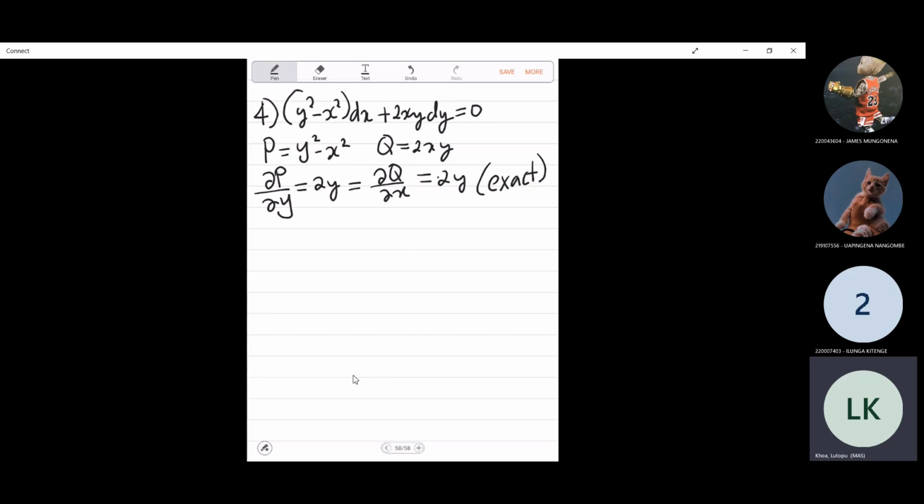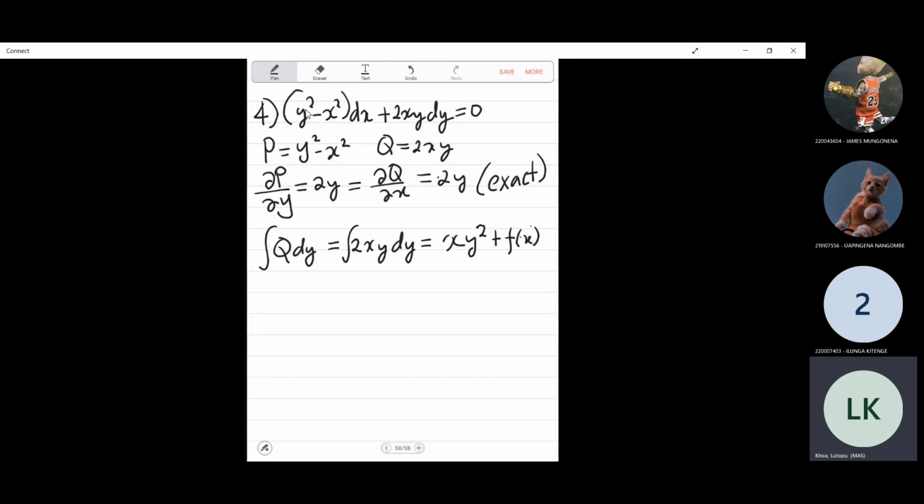Then we can integrate q with respect to y. This is the integral of 2xy dy, which is x y squared plus some function of x. And then this, I will differentiate it with respect to x and equate it to p.